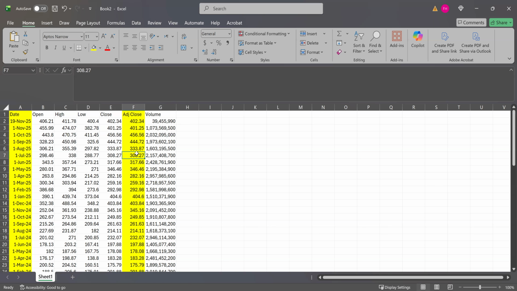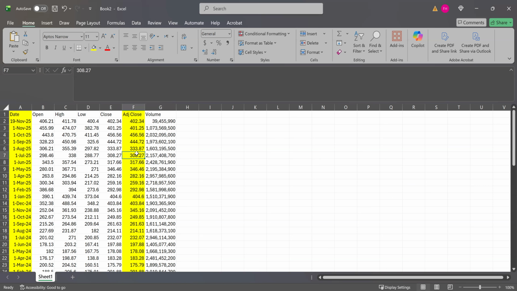Because if you don't have an adjustment and the company had a 2-to-1 stock split, based on the closing prices, I would see that the stock price has dropped by around 50%. So maybe it's not the case. So that's why we add a new variable for the closing price and we call it adjusted close. The same when dividends are paid.